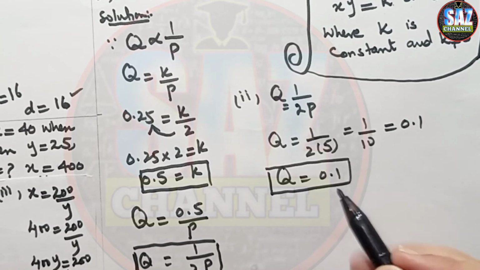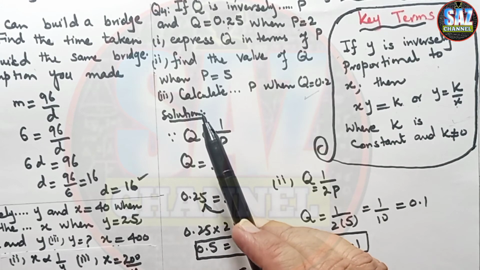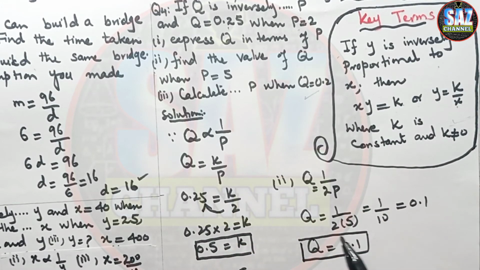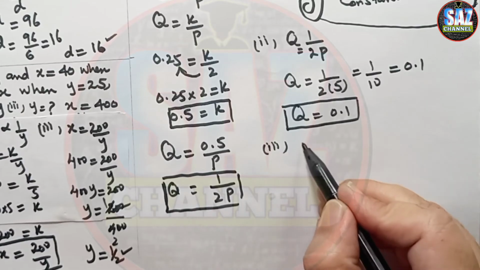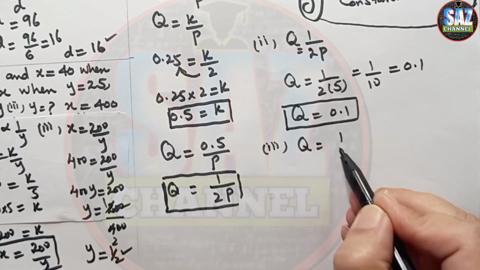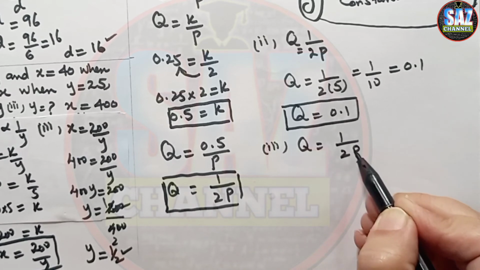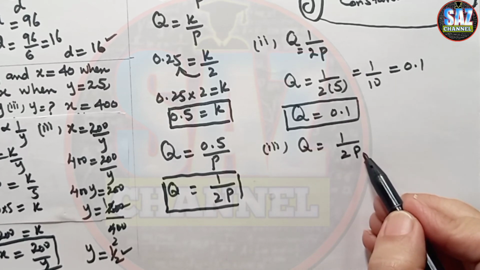Let's quickly move to the next part that says calculate p when q is 0.2. Again, we take the relationship q equals 1 by 2p, and we have to find the value of p.